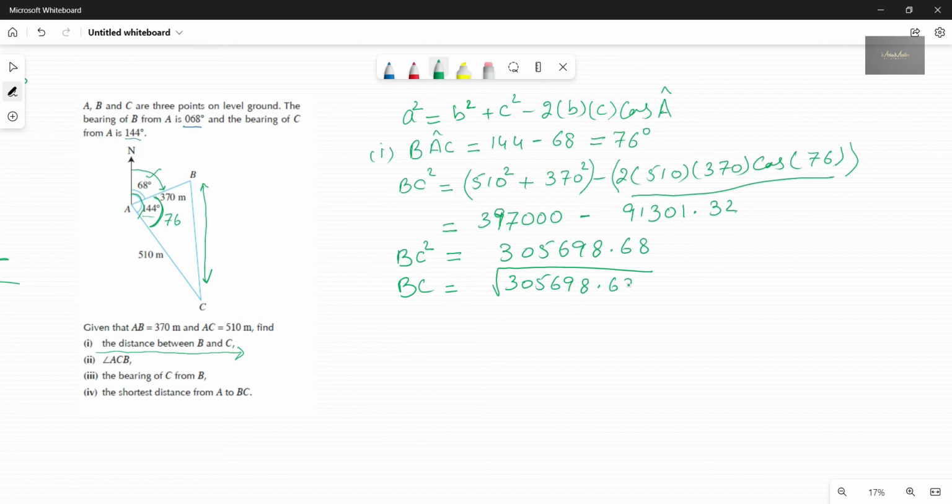The square root of 305698.68 is approximately 552.9, and the unit is meters. So this is our answer.